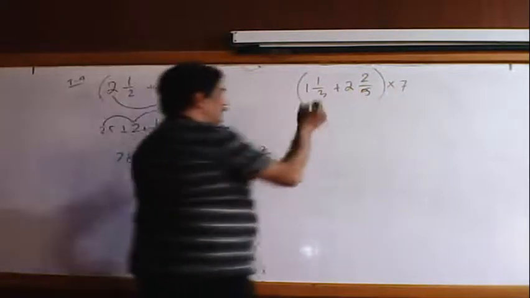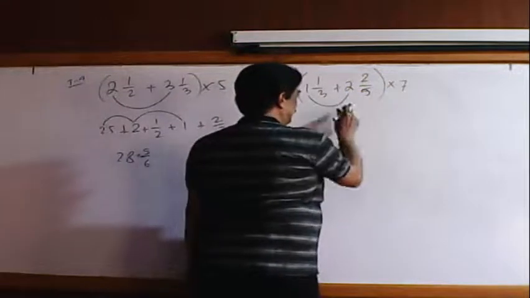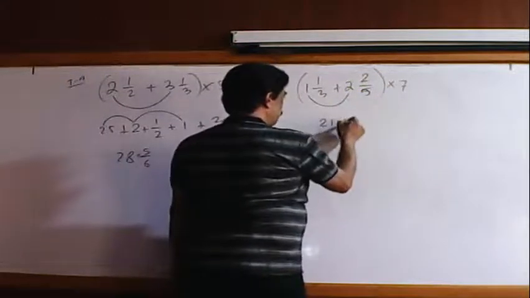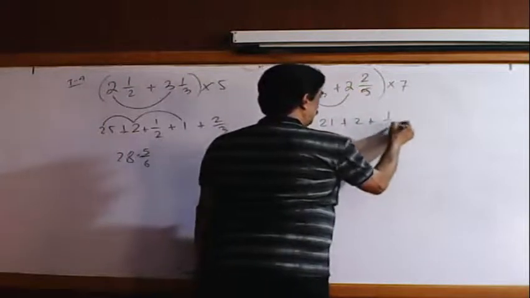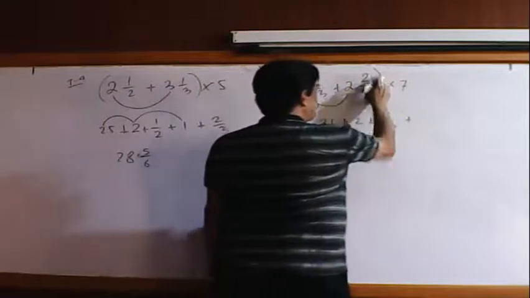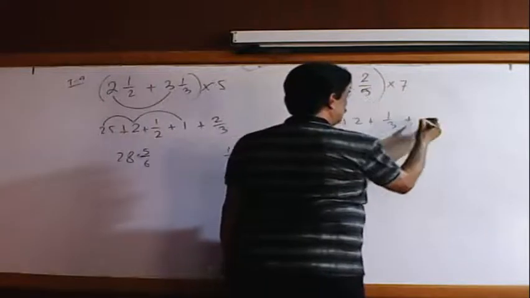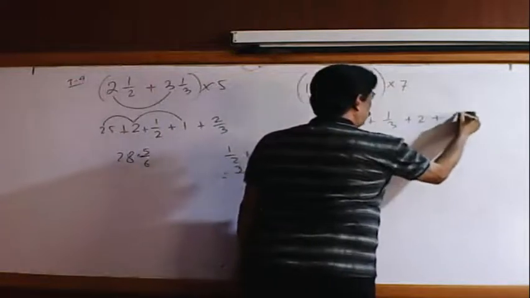Next part, 1 plus 2 is a 3. 3 into 7, 21. Plus 7 by 3, 2 times, and result is 1/3. 14 by 5, result is 2 times, result is 4 by 5.